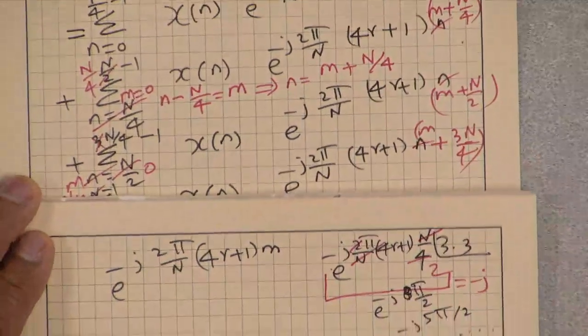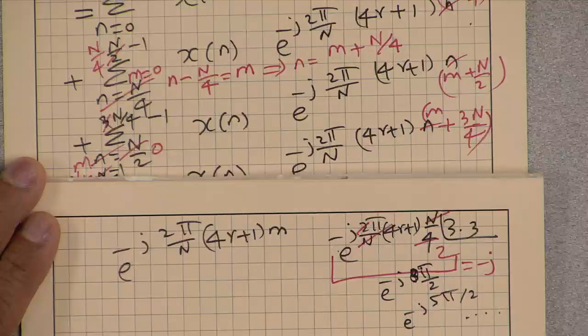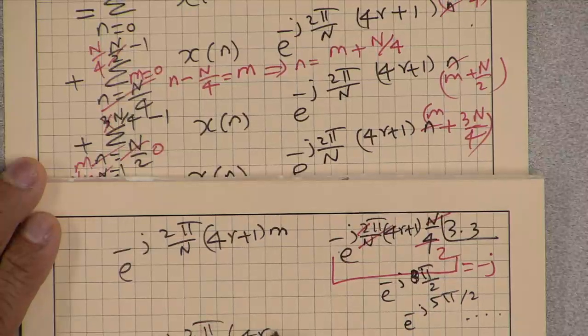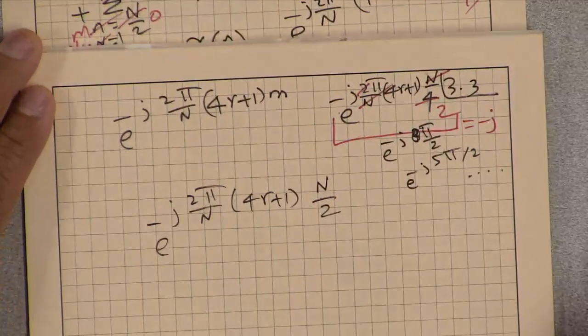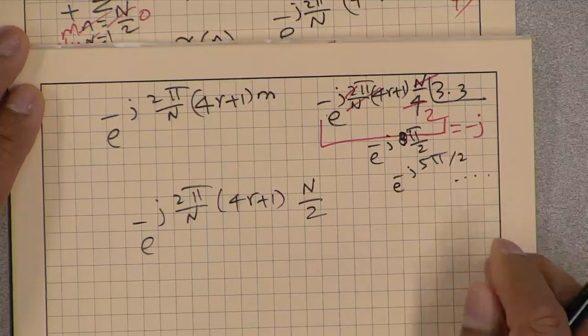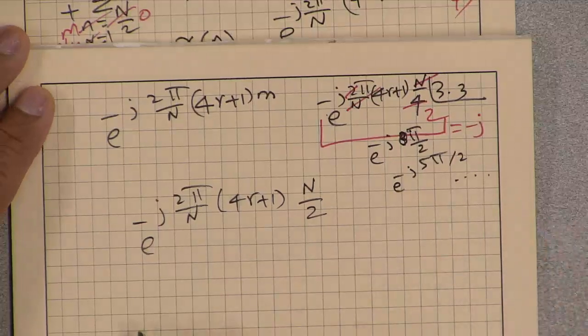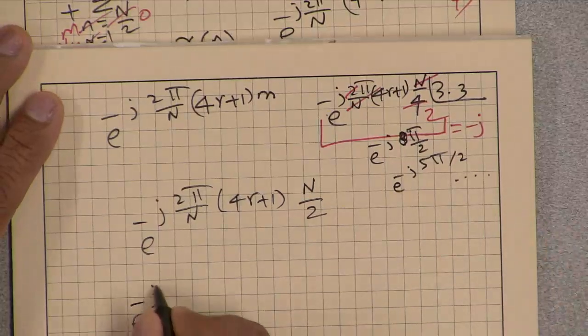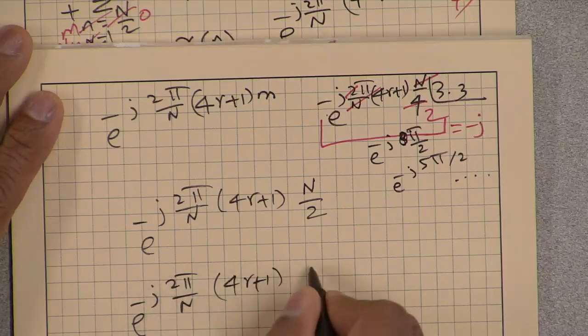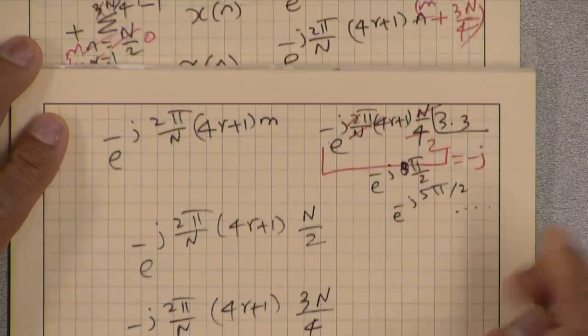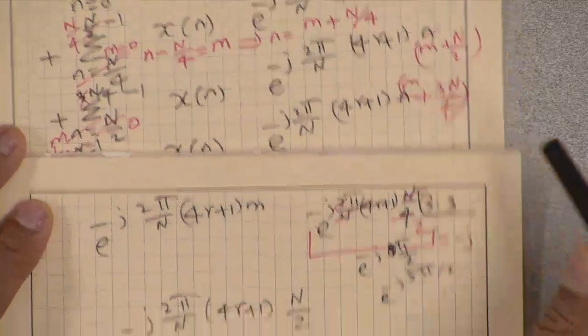Let's look at that complex exponential, e to the power minus j 2 pi by n times 4r plus 1 times n by 2. And then the next one, e to the power minus j 2 pi by n times 4r plus 1 times 3n by 4.